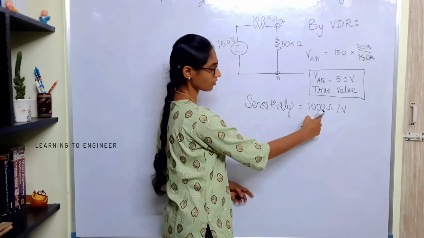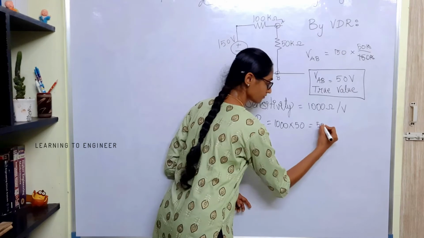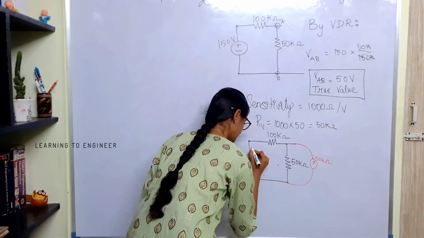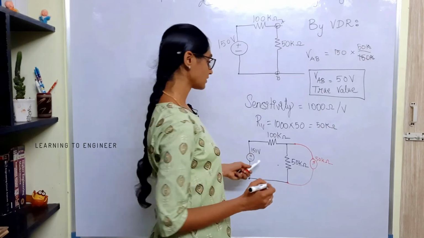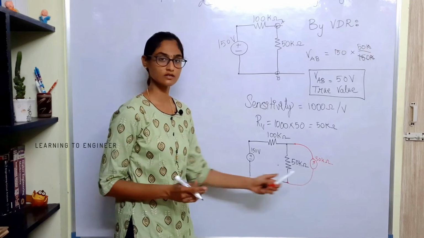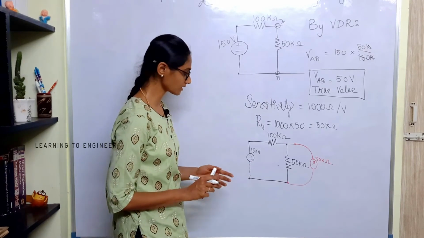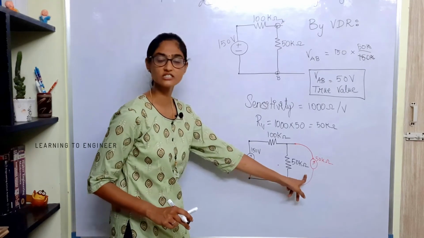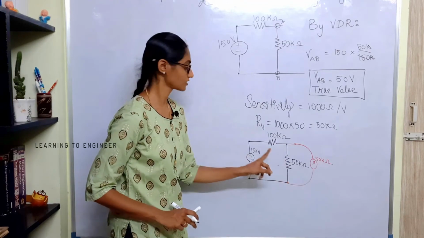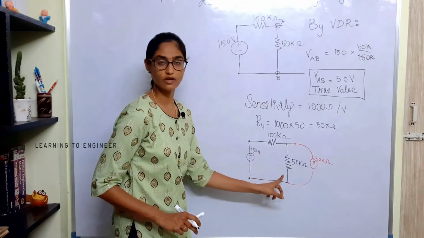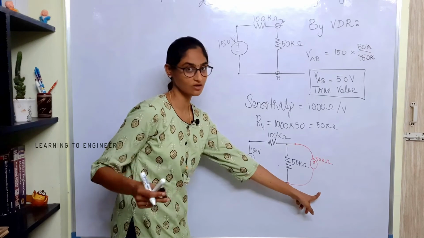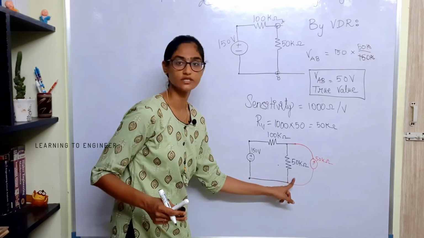It is 1000 ohm times 50, which is 50 kilo ohm. Now we are connecting the meter across it. When we connect it, we have an additional resistance in parallel with this setup. It is not just 150. You have another 50 kilo ohm in parallel with this 50 kilo ohm.